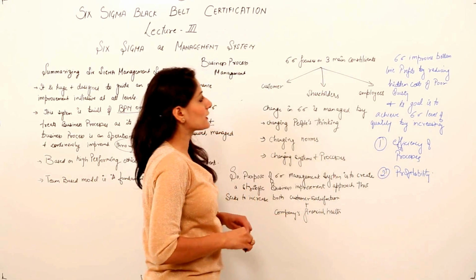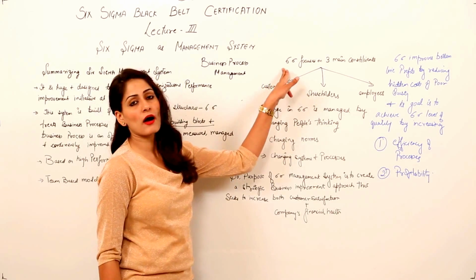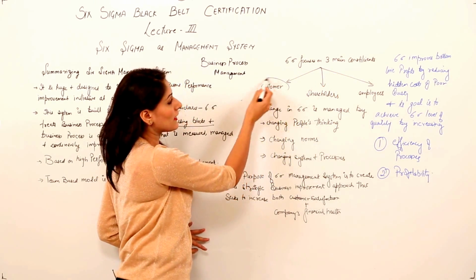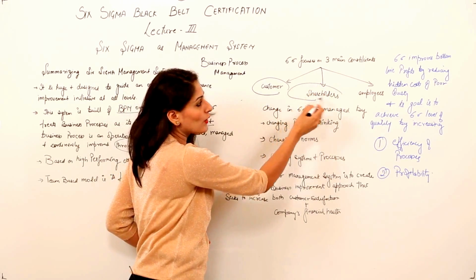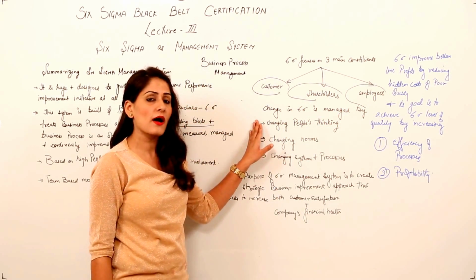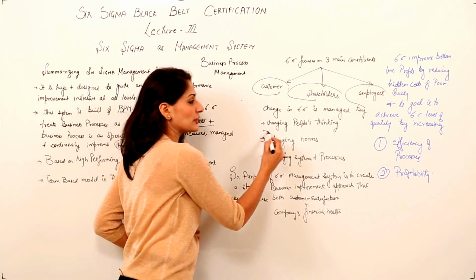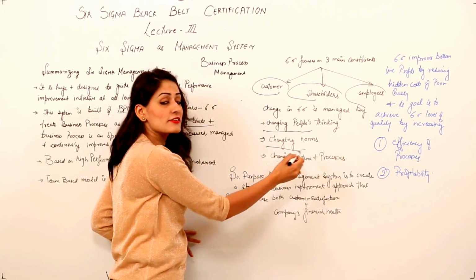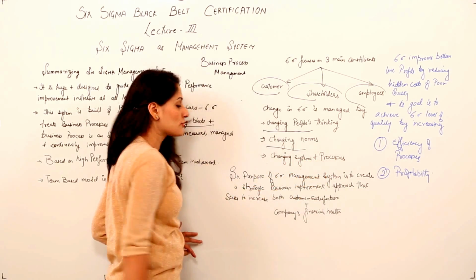So now I can conclude that Six Sigma focuses on three main constituents, and these are customers, shareholders and employees. And change in Six Sigma is managed by changing people's thinking, changing norms and changing systems and processes.